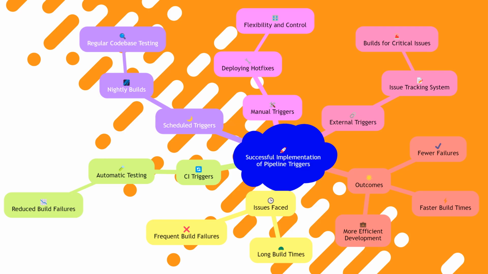Manual triggers were used for deploying hotfixes, providing flexibility and control. External triggers were integrated with their issue tracking system, ensuring that builds were initiated for critical issues. This comprehensive approach led to faster build times, fewer failures, and a more efficient development process.